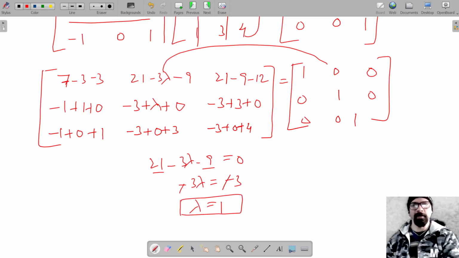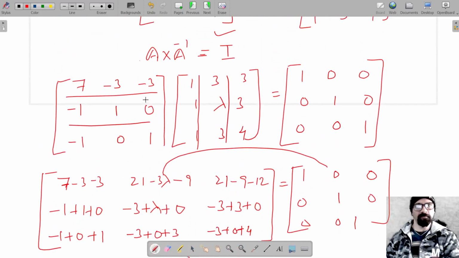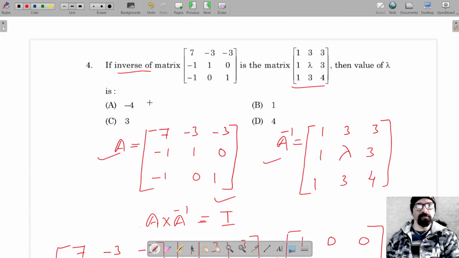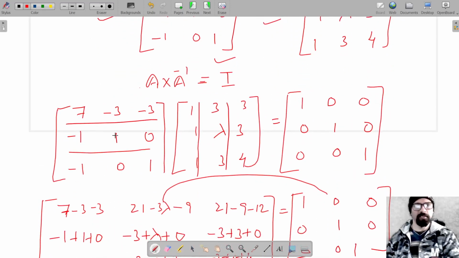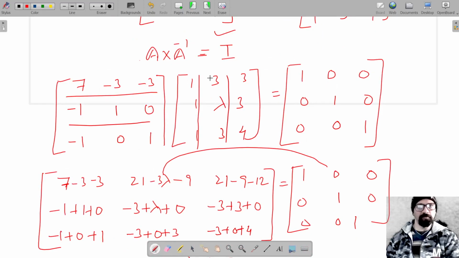Let's check it once again. We have got 7 into 3 is 21, this is -3 lambda, -9.